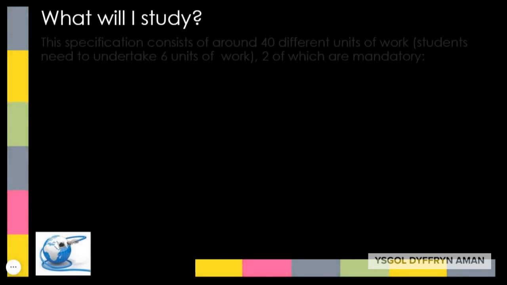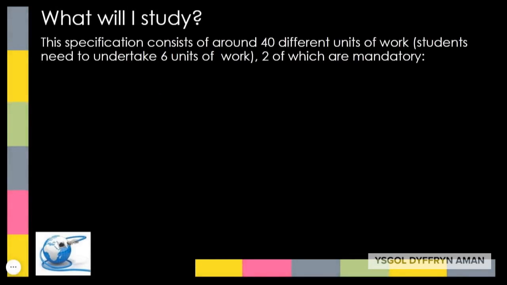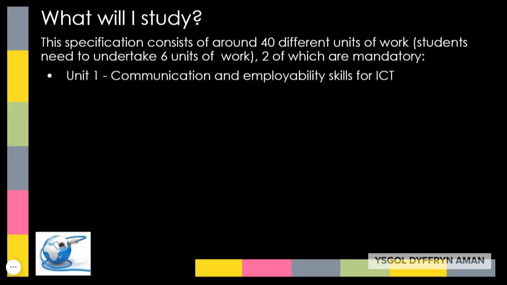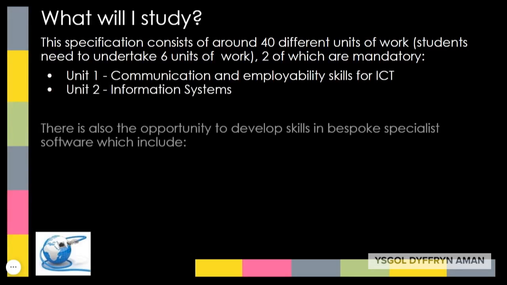What will I study? The specification consists of around 40 different units of work. Students will need to undertake 6 units of work. They'll complete 3 units in Year 12 and 3 units in Year 13. 2 of those 6 units are mandatory, and they include Unit 1, Communication and Employability Skills for ICT, and Unit 2, Information Systems.